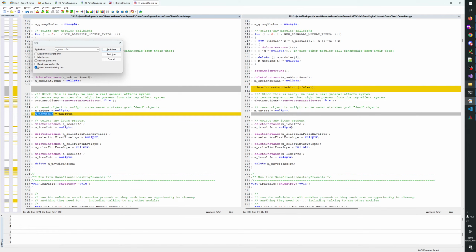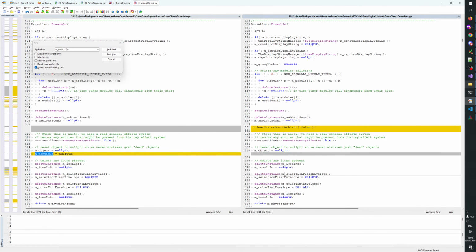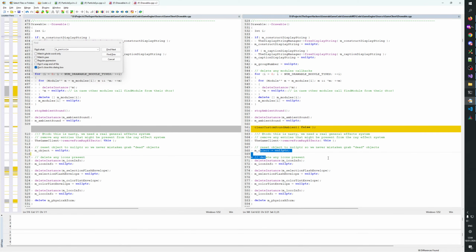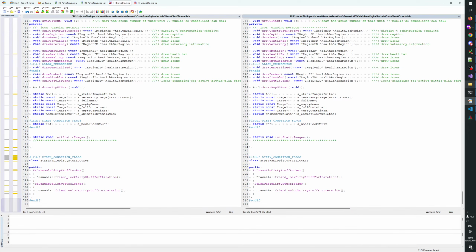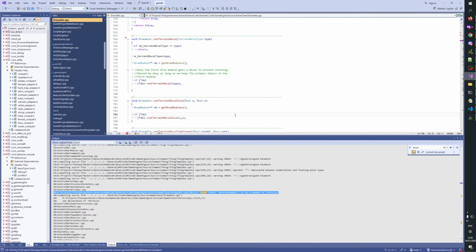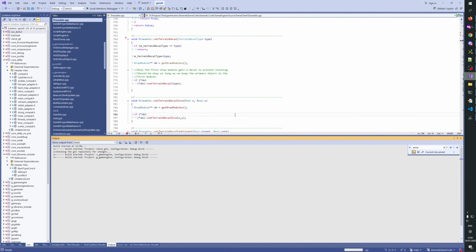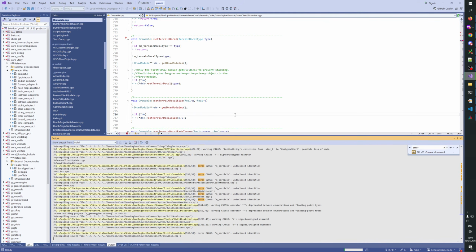There is. In the destructor, it sets a null pointer. Okay. I don't know why it would do that. Good. And then I expect it will still fail to compile because something will call these drawable functions.